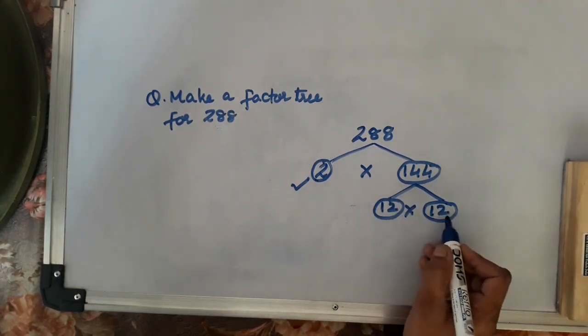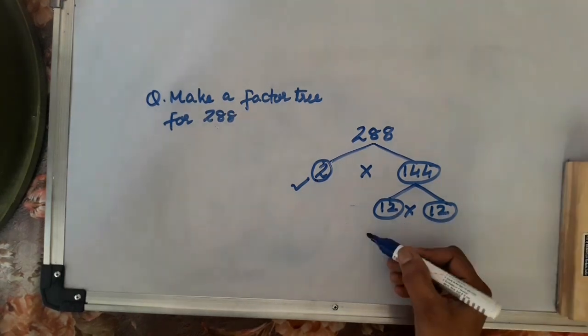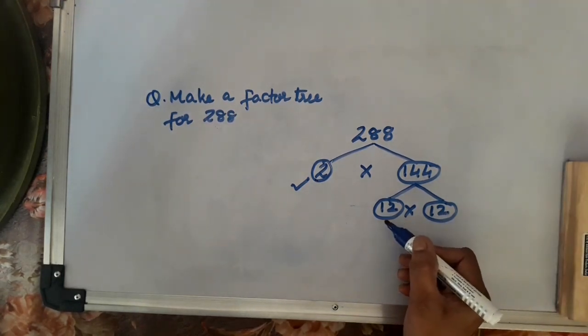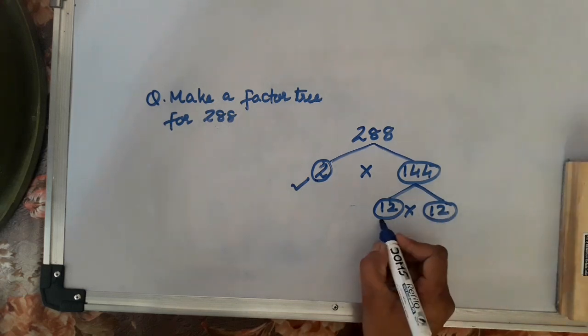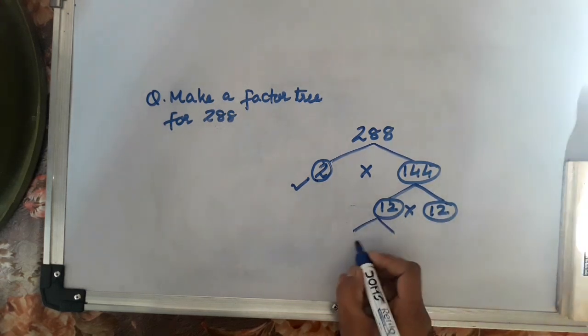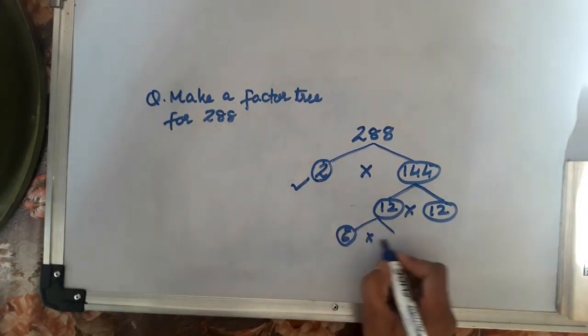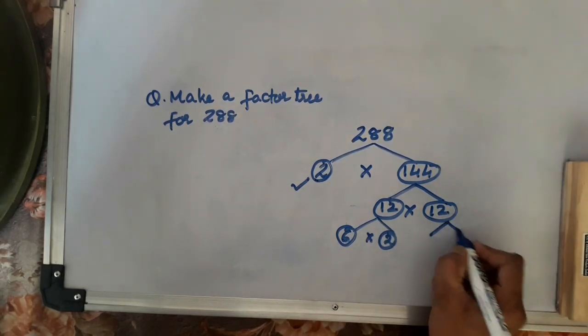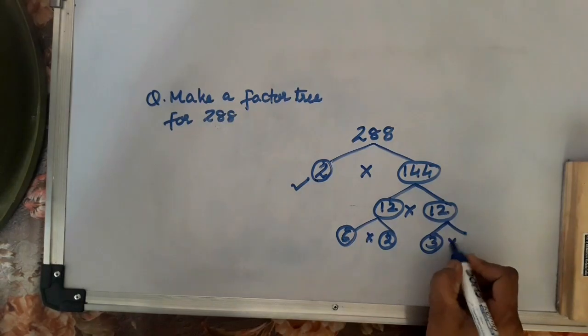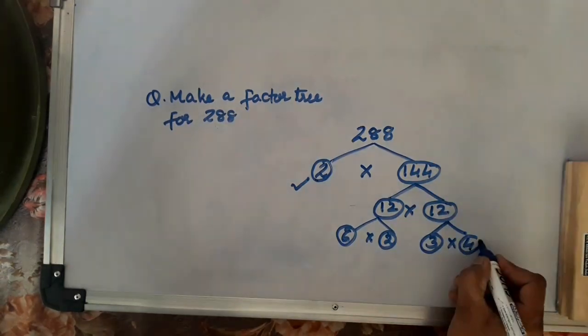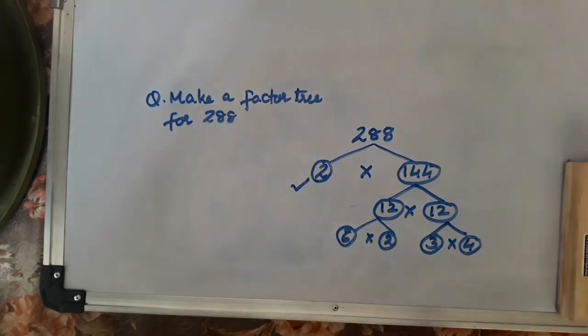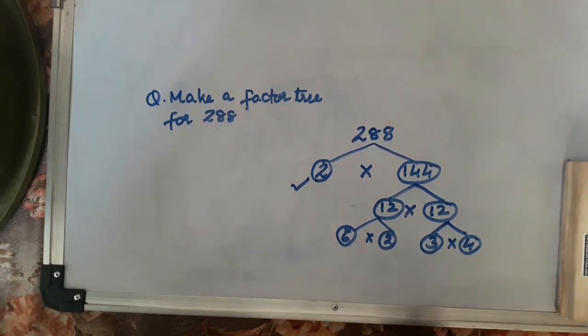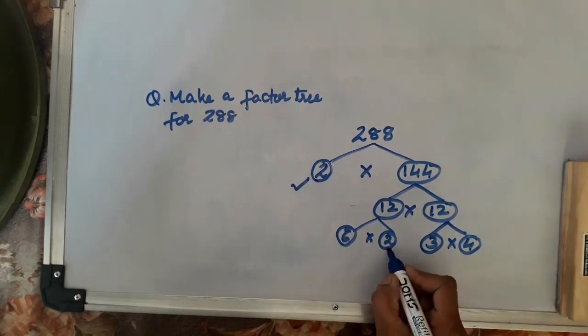Now they are not prime numbers, still we can have further branches of each of these factors. This can be split as 6 twos are 12. Here also, if somebody has written 3 fours are 12, then also fine. We will get the unique prime factorization for the number. So here we have 2, which is a prime number, so we stop this branch.